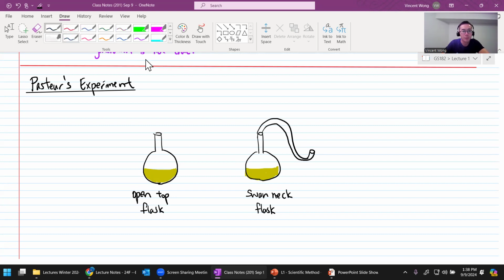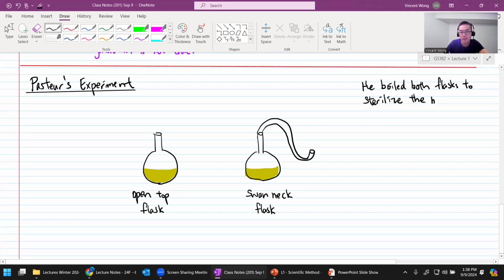So initially, he boiled both flasks to sterilize the broth. To sterilize means to kill off all the living things in there, right? So if there were microorganisms to begin with, well, now they're dead because you boiled them. So that's part of standardizing the setup here.